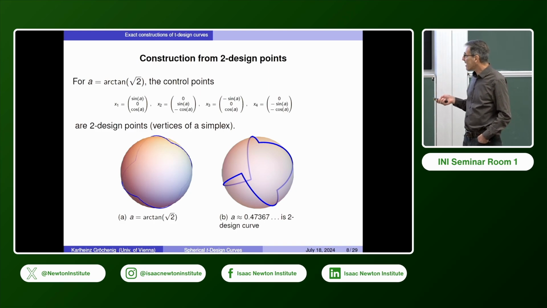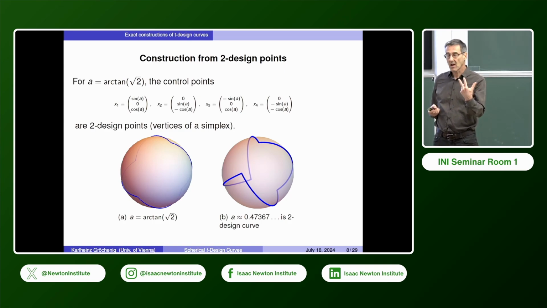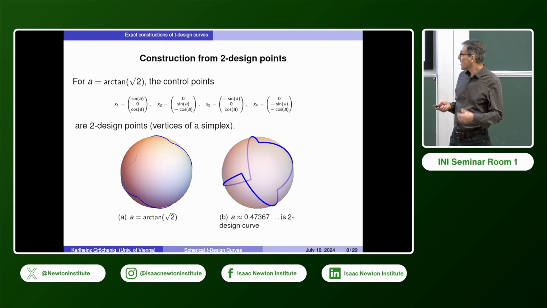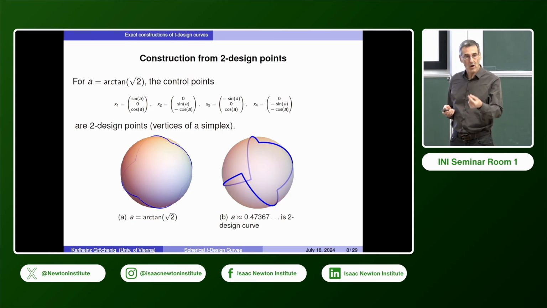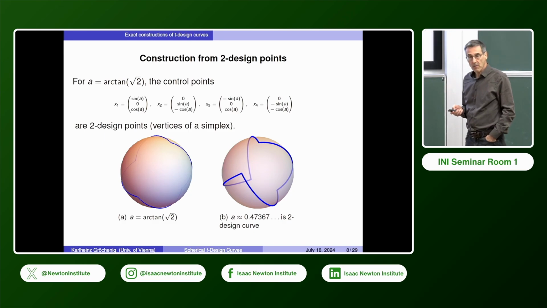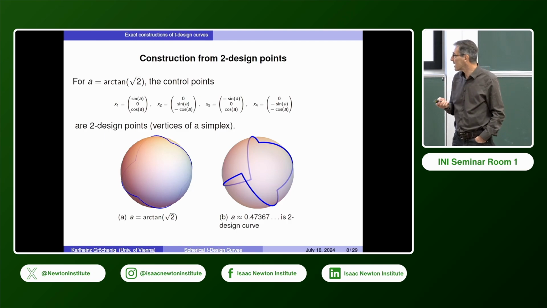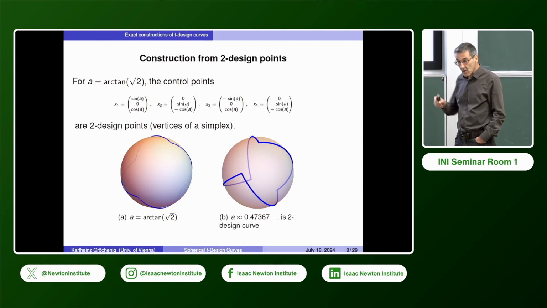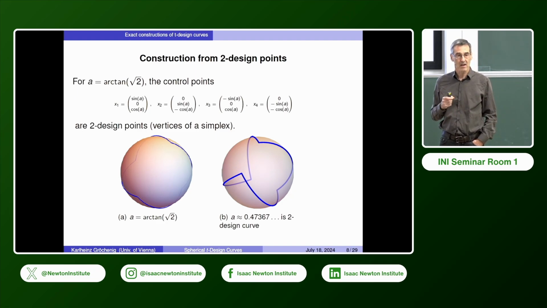And there are two curves. For a certain parameter of a, the 4 points form a simplex, a regular tetrahedron, and so the vertices form 2-design points. So the average at these points gives you exact quadrature for quadratic polynomials. However, if you look at the corresponding curve connecting these vertices, it's not a 2-design curve.